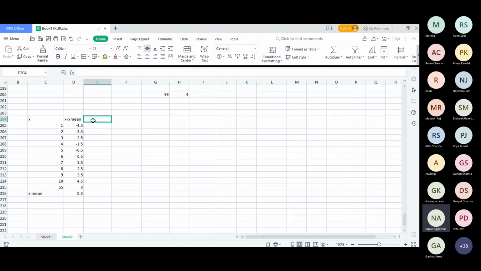In the mean deviation we have to calculate the modulus of x minus x bar, or mean. So the modulus of x minus x bar.